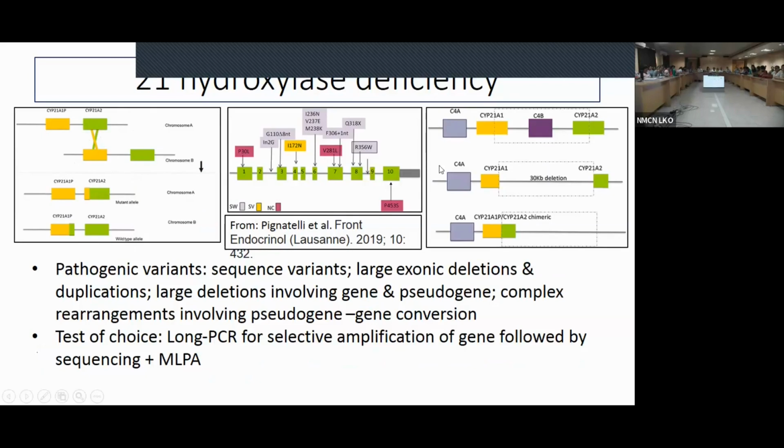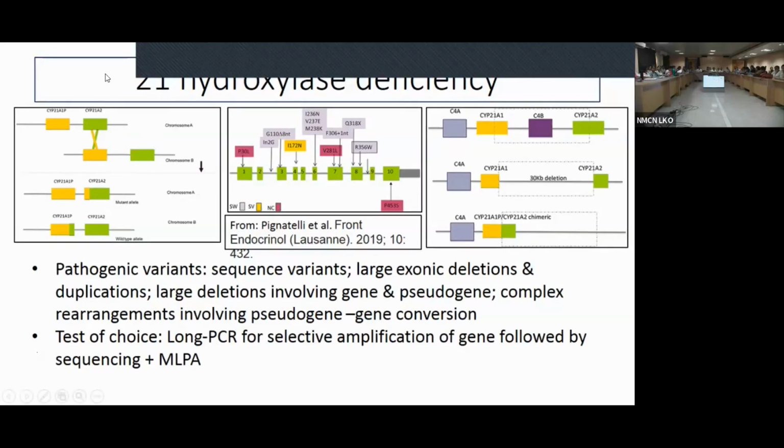In addition, you can have large deletions, which involve the gene partially and the pseudogene partially. You can have complex rearrangements involving the gene and the pseudogene, and you can have something called gene conversion, where you get new sequences as a result of these rearrangements. So many different kinds of mutations can happen in CYP21A2. So the genetics is very complex.